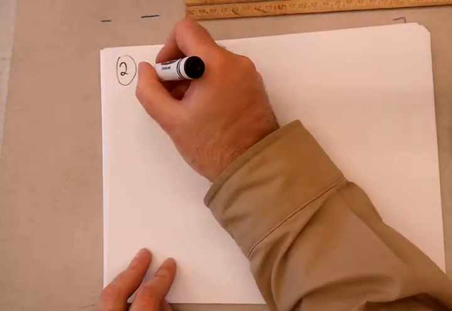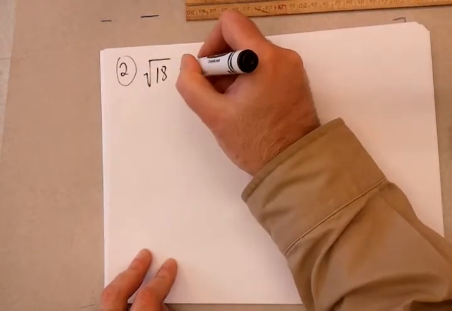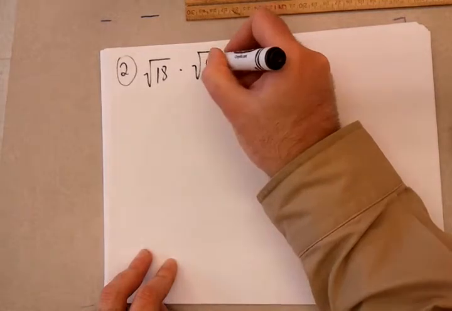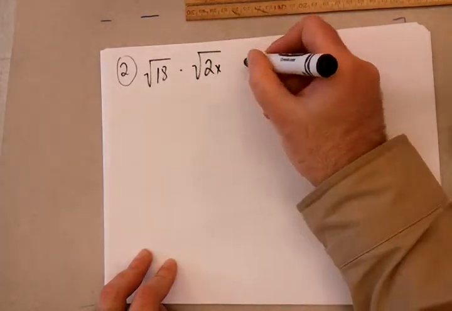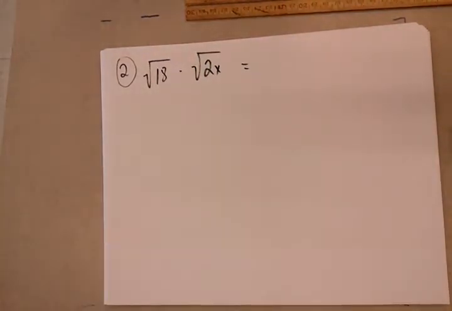So we have root 18 times root 2x. Now normally I would say simplify each individual radical separately and then combine them. And you could do that because the 18 is composed of the factors 9 and 2, and 9 is a perfect square.